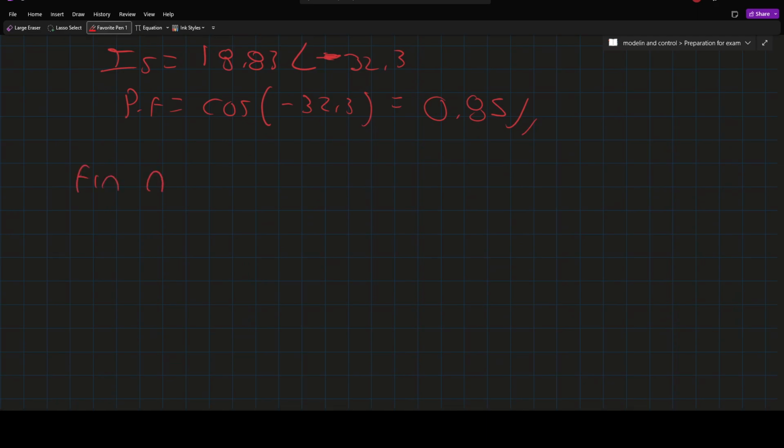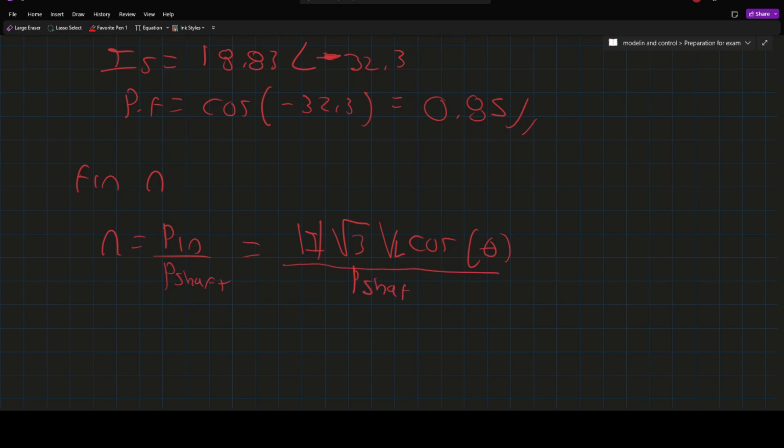And to find the efficiency, which we call eta, it's going to be equal to the power out over our power in, and we know that our power out is our power in the shaft, and we know that our power in is the magnitude of the current times square root 3 times the line voltage times cos theta, that is our power factor.